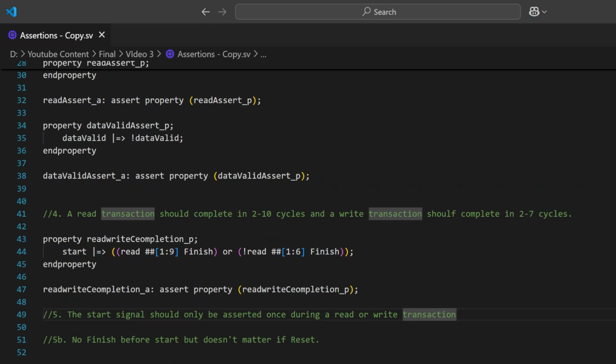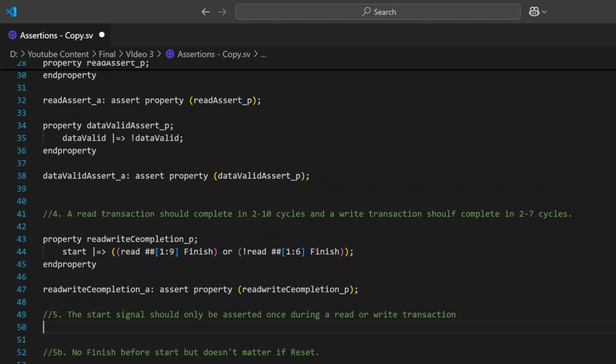So in the next one, we can see that it says the start signal should only be asserted once during a read or write transaction. So let us begin with the property. I will name it no double start.